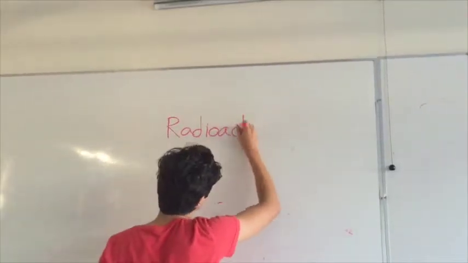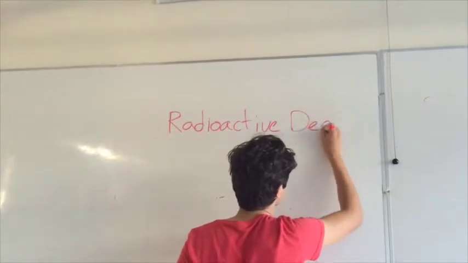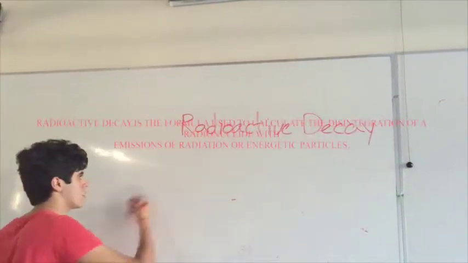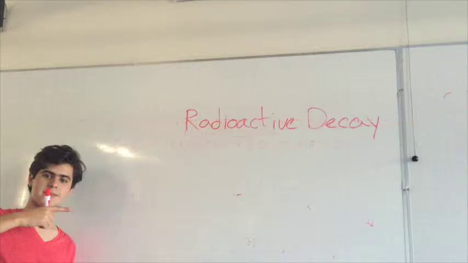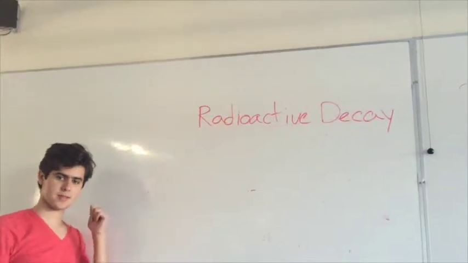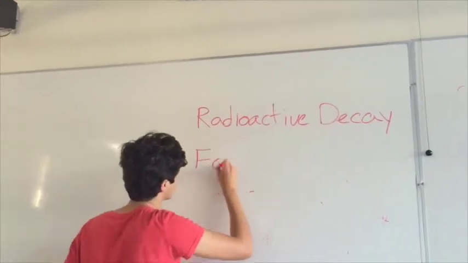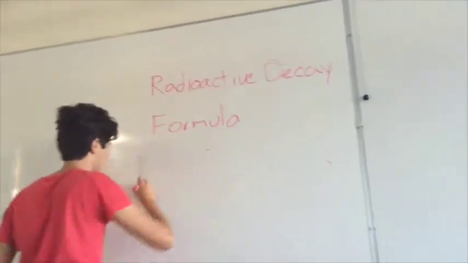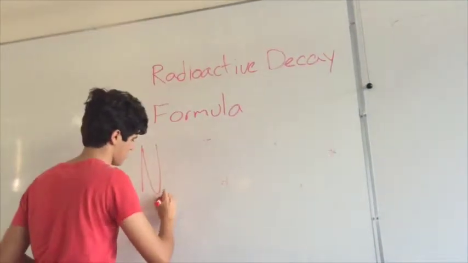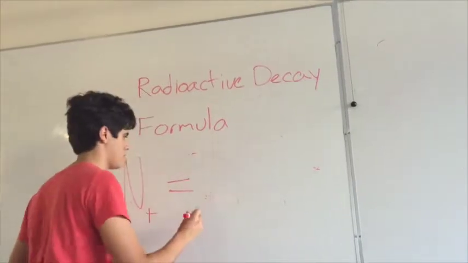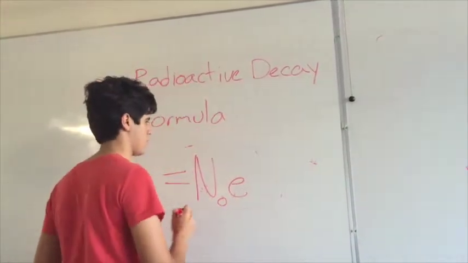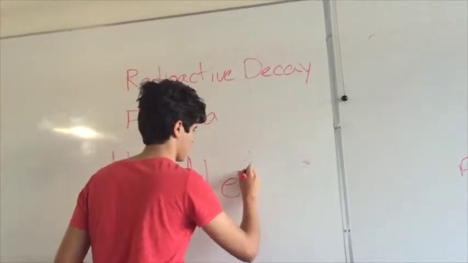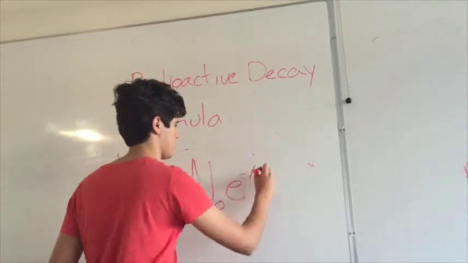Radioactive decay. Radioactive decay is the formula used to calculate the disintegration of radionuclides with emissions of radiation or energetic particles. The radioactive decay formula is N of t equals N0 times e raised to the minus decay constant times t.